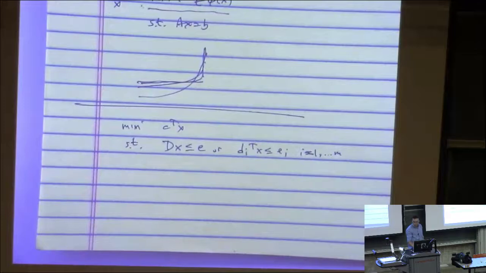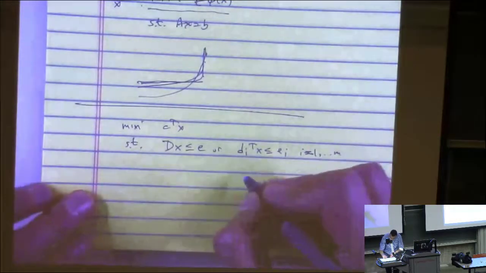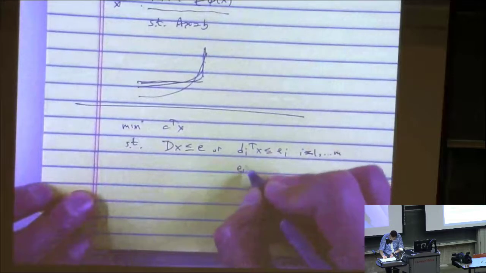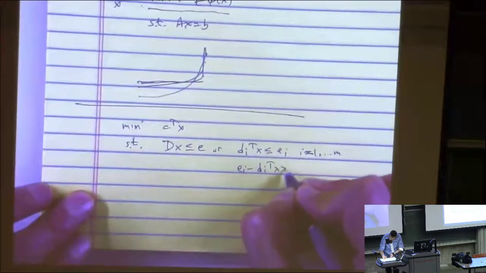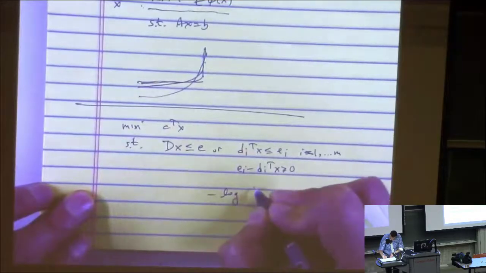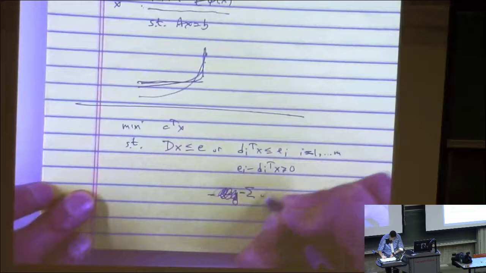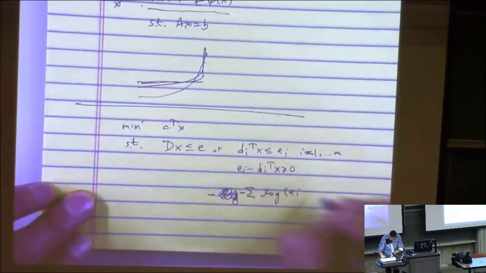So the central path problem corresponding to this linear program, we're going to rewrite this again as e_i minus d_i transpose x bigger or equal to 0. The barrier function is negative sum of log of e_i minus d_i transpose x.